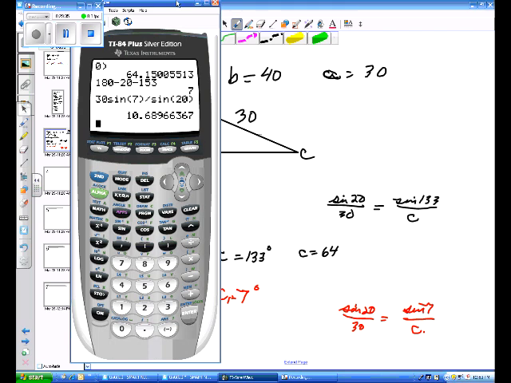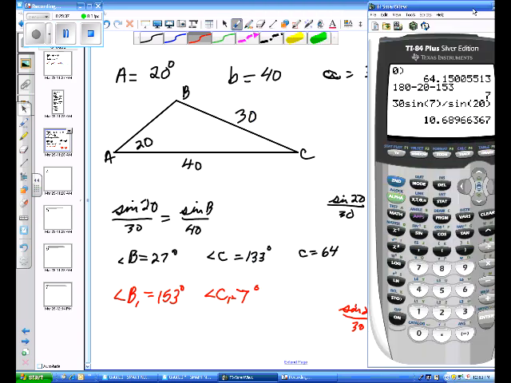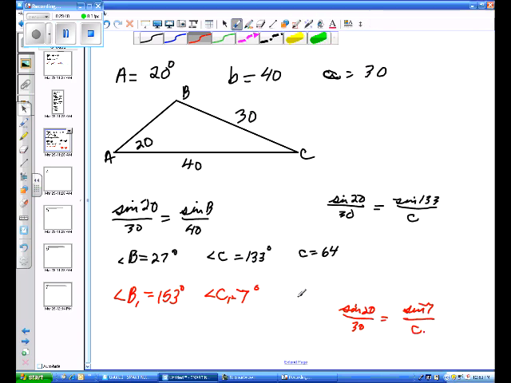And we get 11. So C would be 11. And that's 11 feet, whatever our units are. So here again we had two triangles.